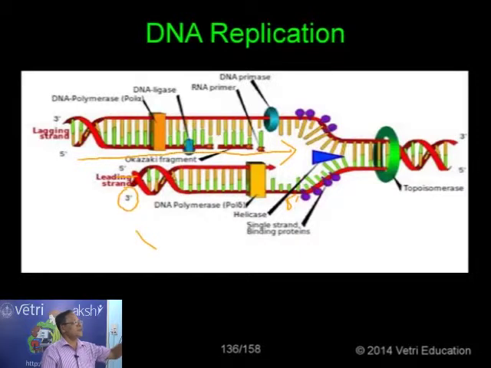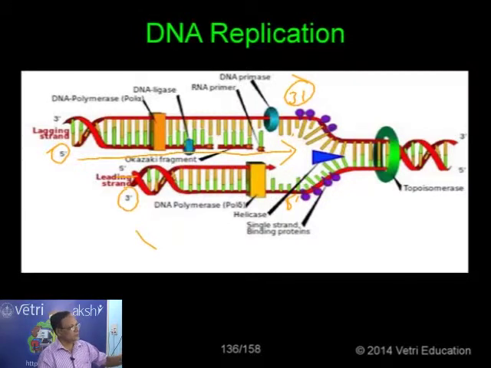Then in the other strand, where the template is 5' to 3', you see that one, this is the 5' to 3' template where the DNA synthesis occurs discontinuously. Normally, the leading strand employs only one primer.